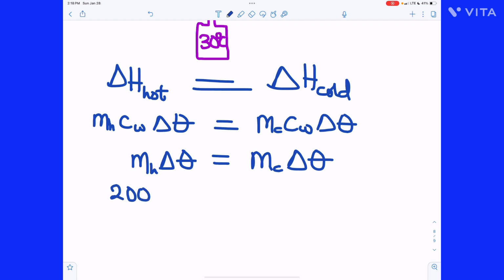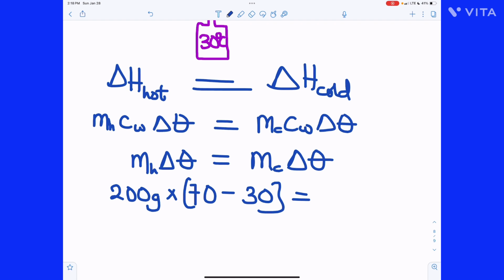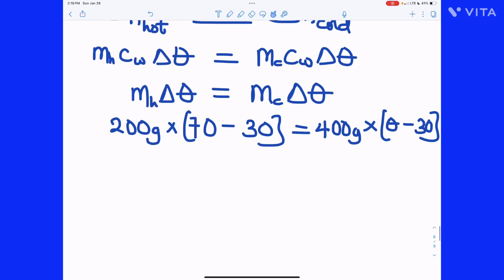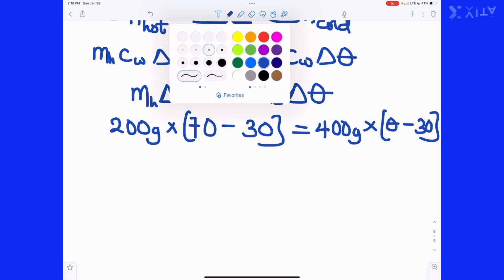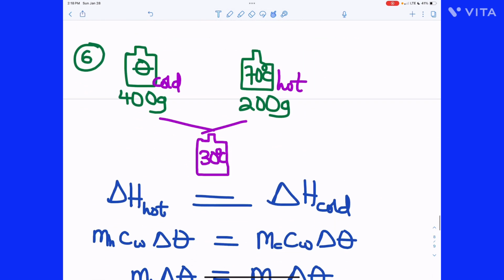Mass of hot water is 200 grams. Change in temperature of hot water, it decreased in temperature from 70 to 30 in the mixture. But the cold water's mass was 400 grams, and the cold water increased in temperature from the initial theta we don't know to 30 degrees Celsius in the mixture. You understand? Let me show you that from here.